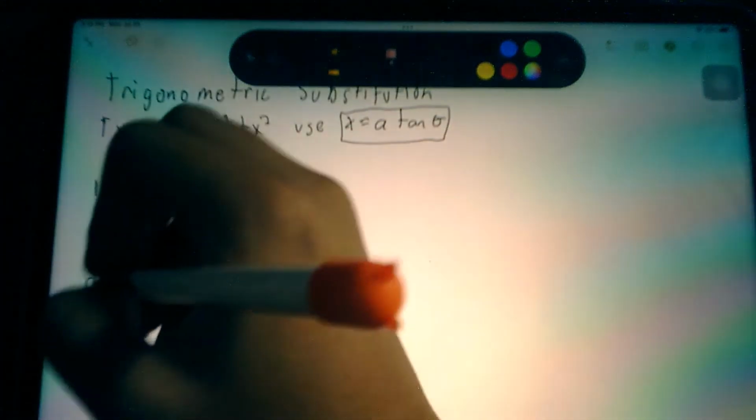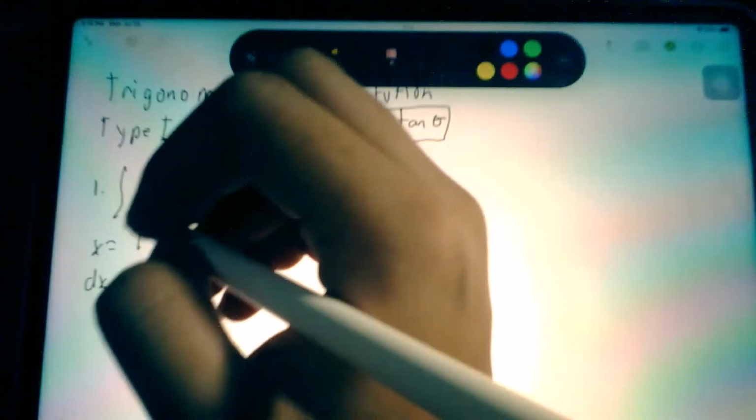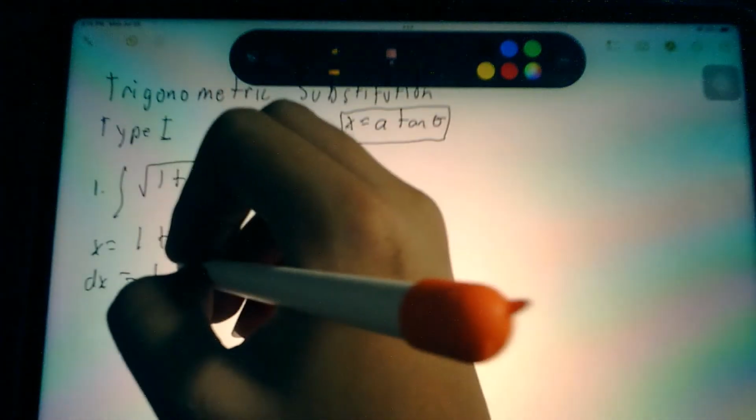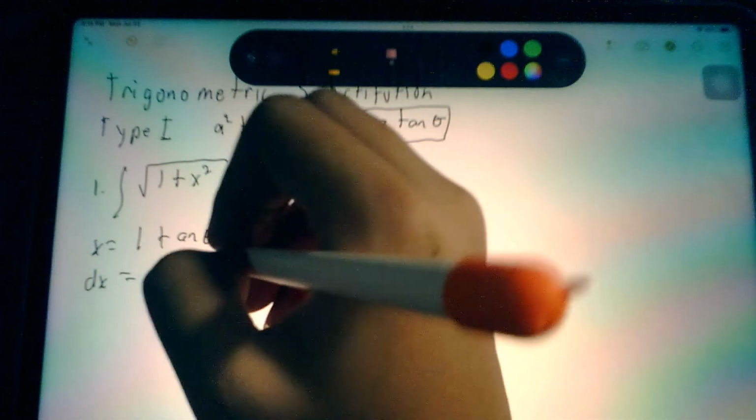The derivative of 1 tangent theta is just equal to 1 secant squared theta.